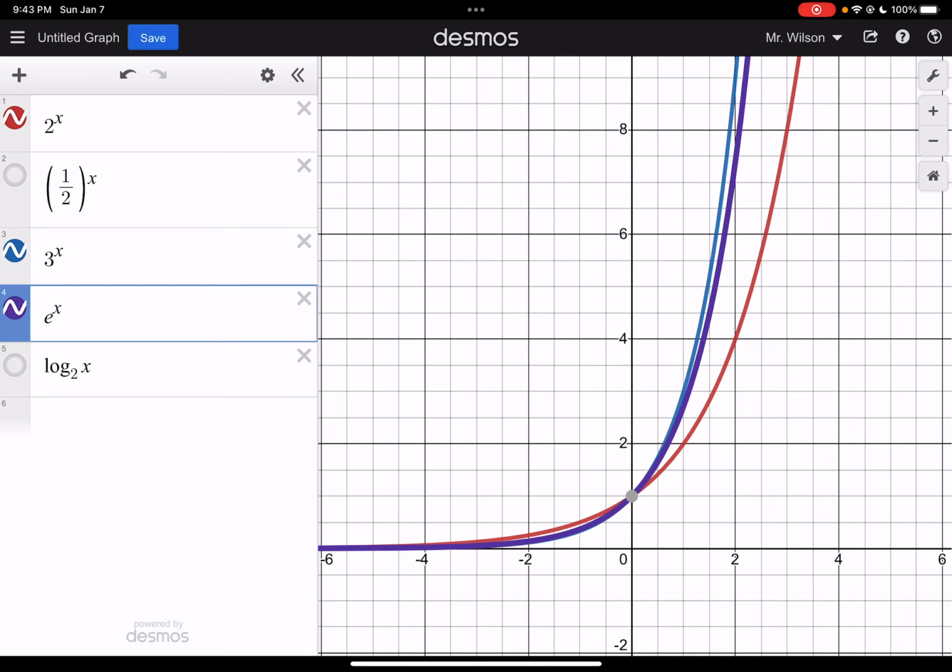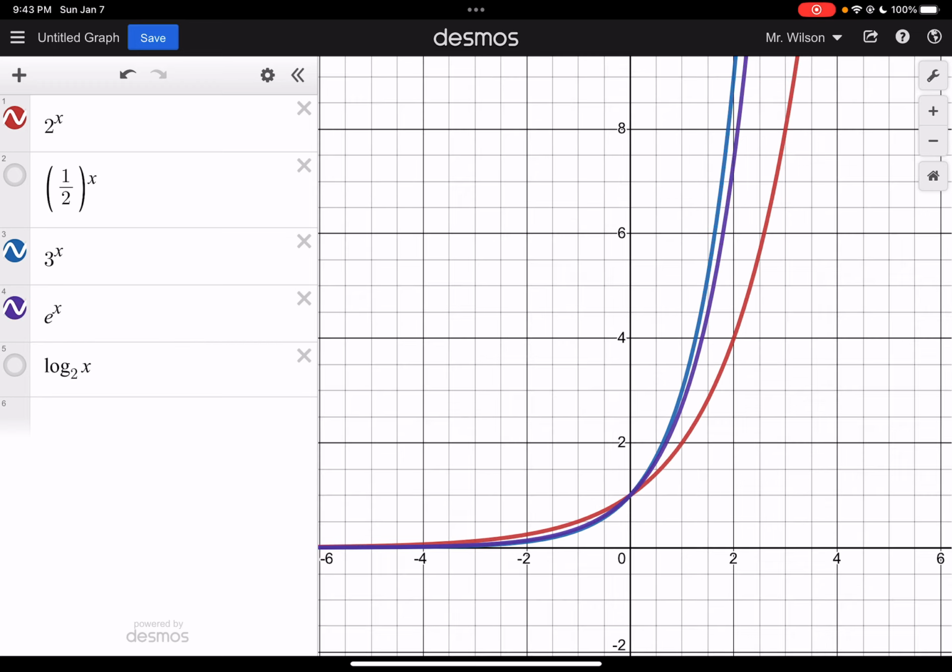But its behavior is exactly the same. So all these exponential functions are behaving the same way. It's just that the steepness and the specific location of this graph depends on the base, which in this case is e. They all go through that point 0, 1, so they all have that in common, but then each one changes individually as you go further along.